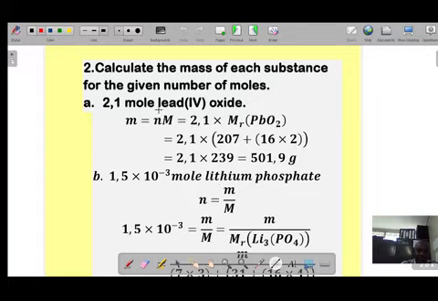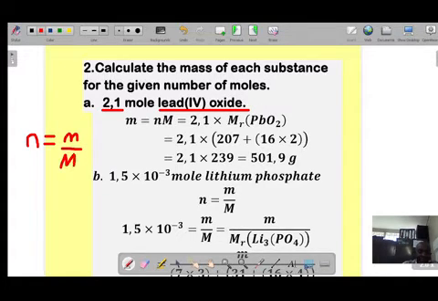Because we know the formula for lead oxide, PbO2, and the number of moles, 2.1, it means that after writing your formula, moles n equals small m divided by the molar mass. Ne? So now that we know the formula, we can find the molar mass from the periodic table again.